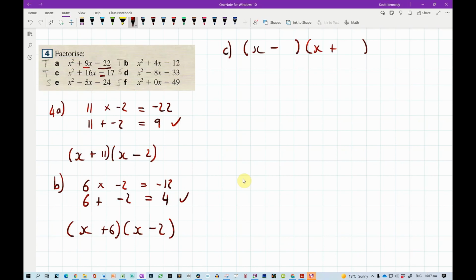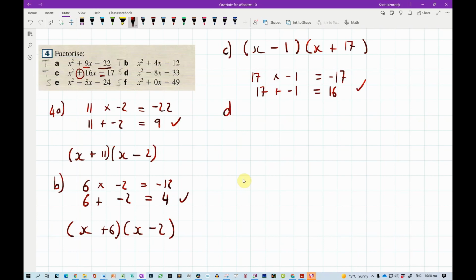But we know here, because when we add them together we end up with a positive answer, the bigger number must be positive, right? So we know that it must be 17 and 1, and the 17 must be positive. 17 times negative 1 equals negative 17. And 17 plus minus 1 equals positive 16. So that's what we want. So chuck in a minus 1 here, chuck in a 17 here.